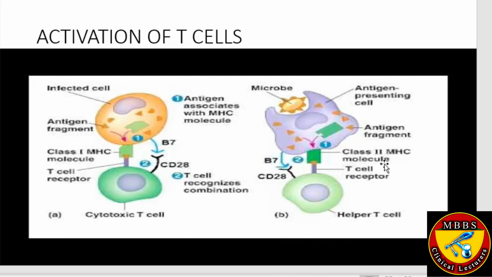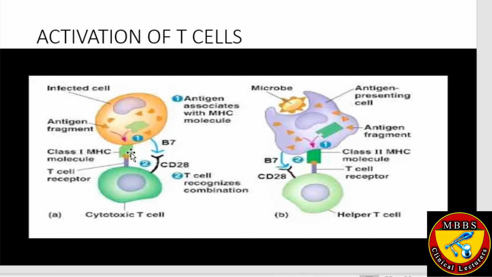Now come to the activation of the cytotoxic T cell. In this, the antigen presenting cell itself is infected with a virus, and within it viral proteins are prepared and then presented on the surface of the antigen presenting cell in association with the class 1 MHC protein.